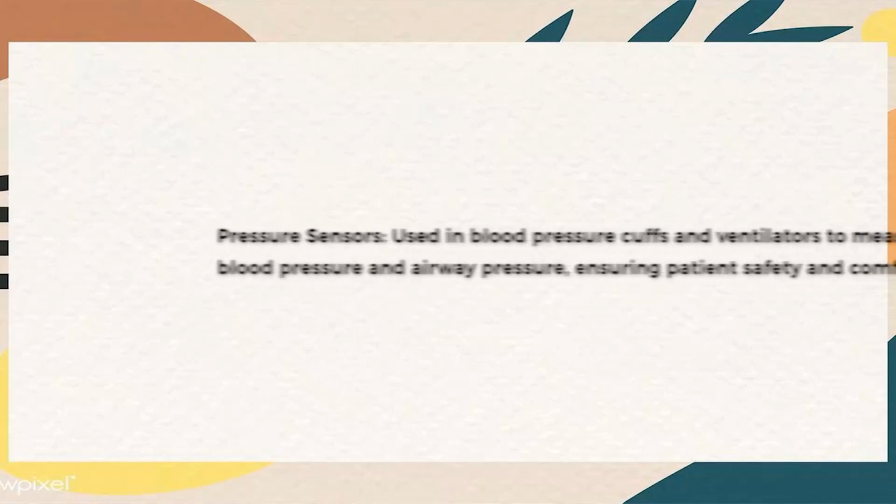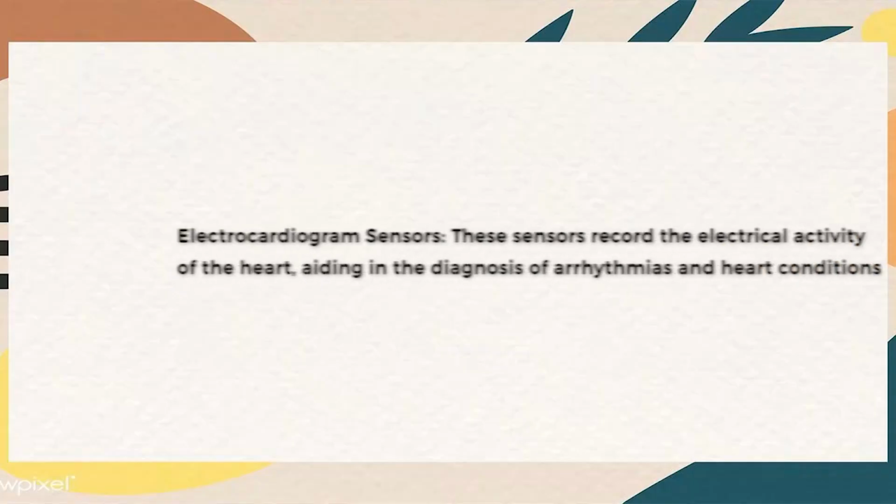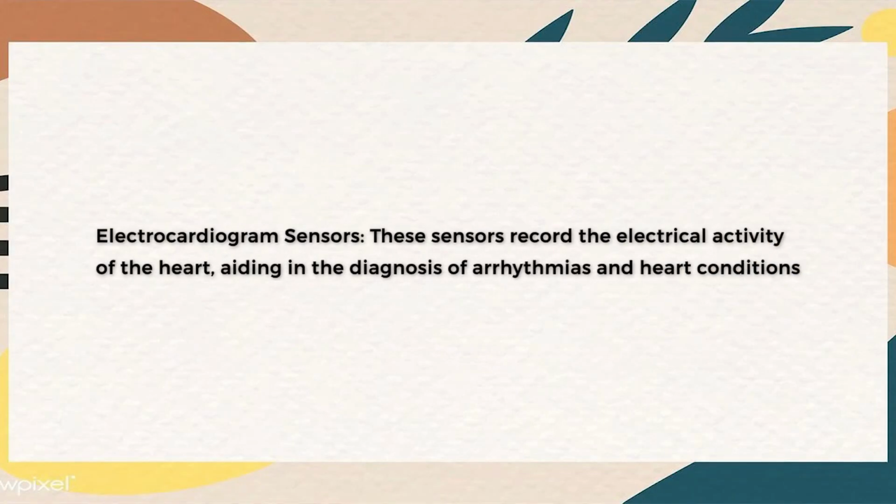Infrared thermometers and thermocouples are common examples. Third is pressure sensors, used in blood pressure cuffs and ventilators to measure blood pressure and airway pressure, ensuring patient safety and comfort. Fourth is electrocardiogram sensors.